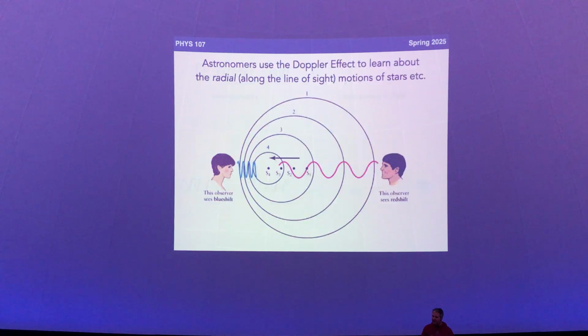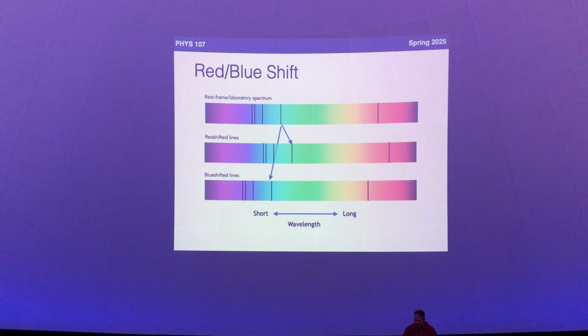So if something is moving in this direction, this observer sees blueshift, this observer sees redshift. You should see what my spell checker makes out of redshift a lot of the time. Anyway, if it goes towards shorter wavelength, we see blueshift. If it goes to longer wavelength, we see redshift.